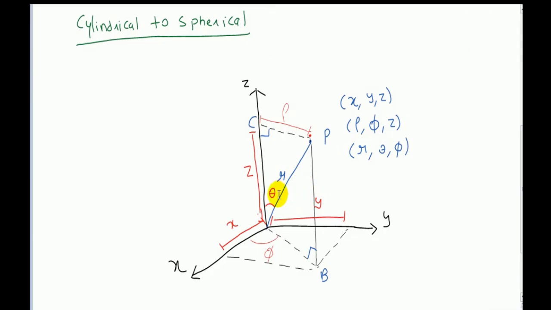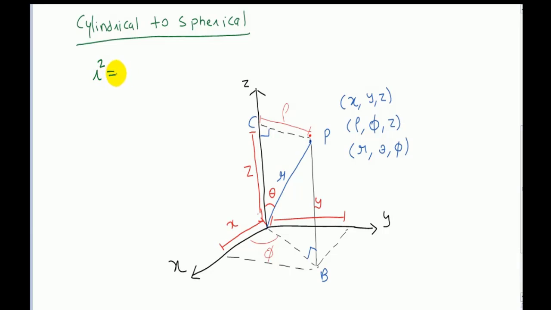Sorry, I want to relate r with rho, phi and z. So consider this triangle OCP, origin, C and P. This is a right angle triangle. Here I can write with the help of Pythagoras theorem.